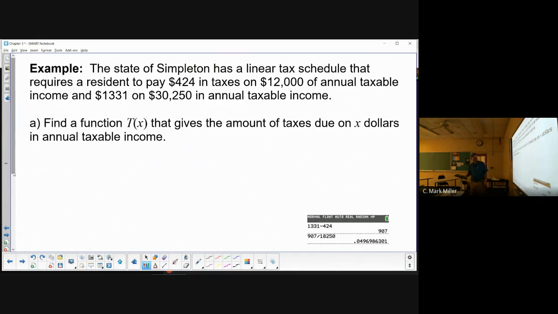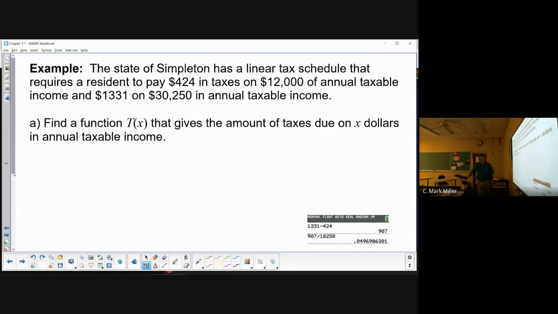There's another one. The state of Simpleton. We need a state with a tax code this simple right now. The state of Simpleton has a linear tax schedule that requires the resident to pay $424 on $12,000 annual taxable income and $1,331 on $30,250 in taxable income. Don't get wrapped up in the numbers. You have 2 points on the tax schedule.